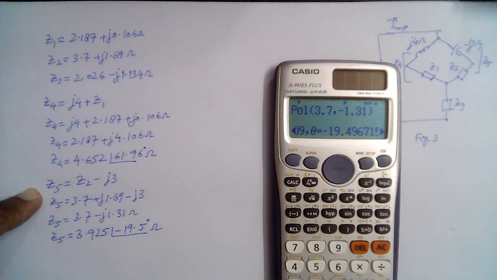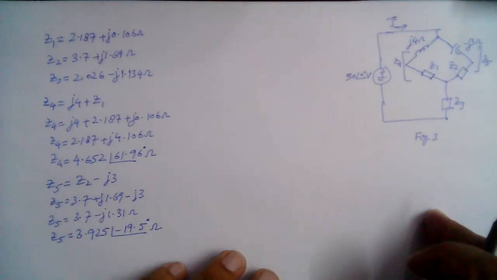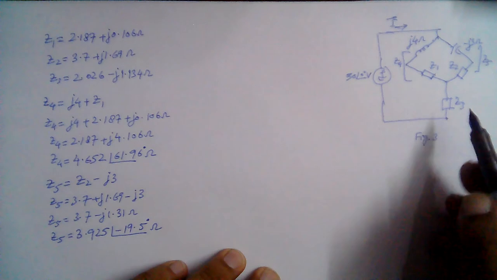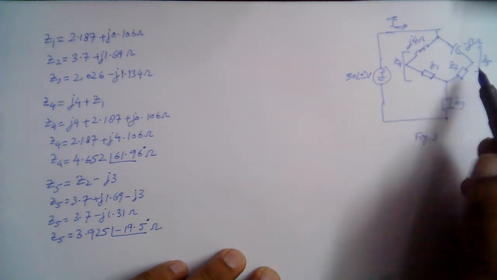So this is Z5. So we have now found the equivalent impedance for this series combination, right?